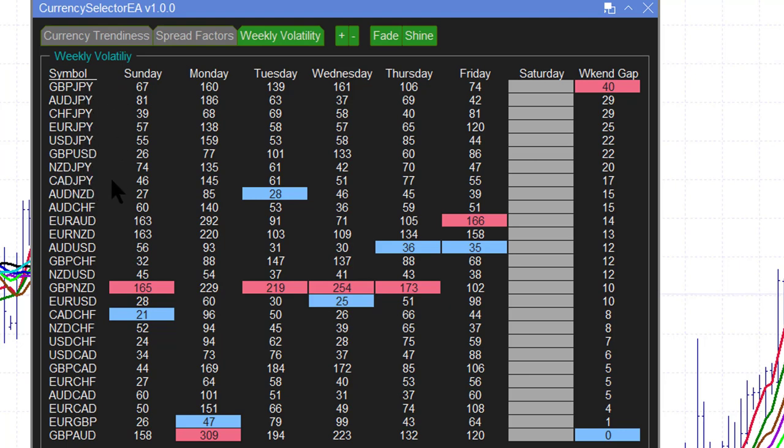So for those traders that are using the weekend gap, they should be trading yen related. You can immediately see yen related currency. So that's the kind of information that these tables bring that is very valuable to traders. Okay, that's about all that I'd like to say about this particular table.